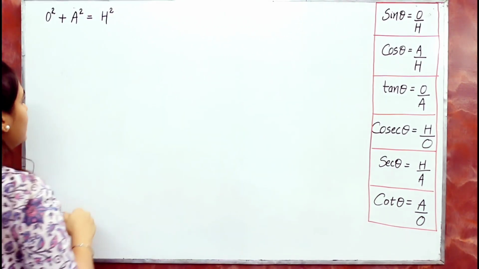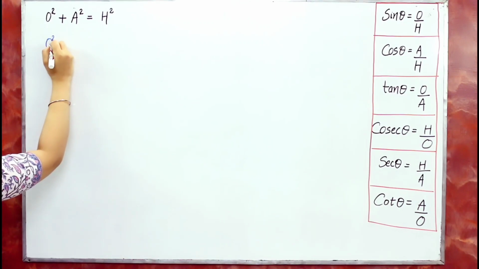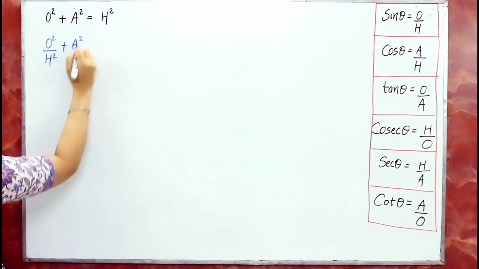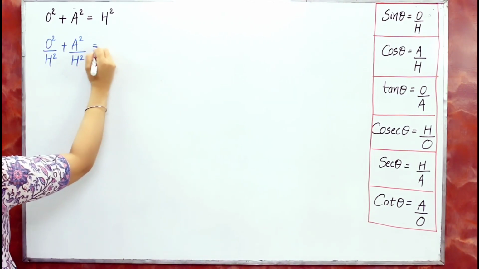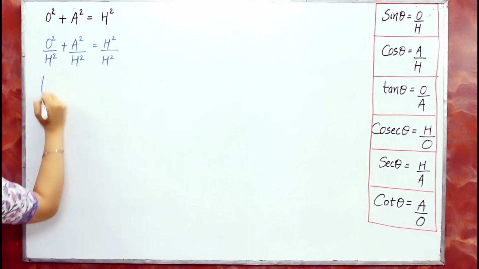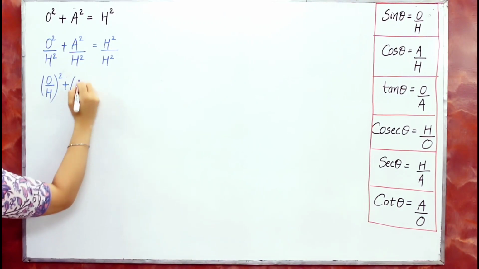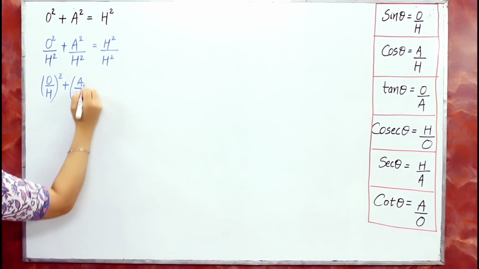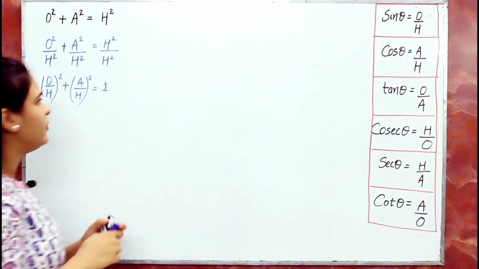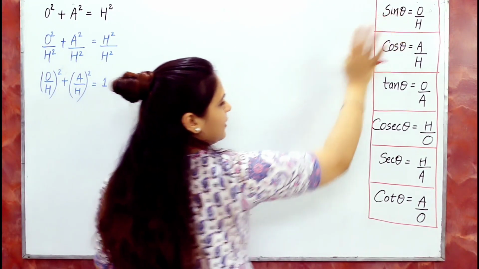By dividing this complete equation by hypotenuse square, you will get O square upon H square plus adjacent side square upon H square is equal to H square upon H square. You can write this way as well, O upon H whole square plus A upon H whole square is equal to 1. And students, we know O upon H is equal to sine theta.